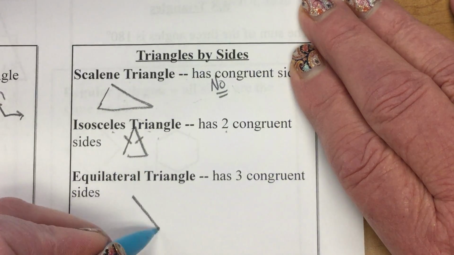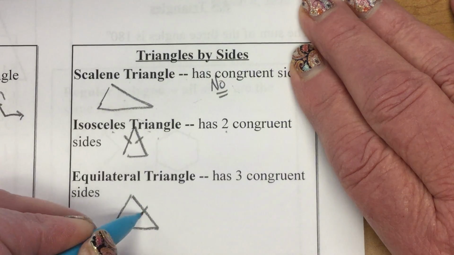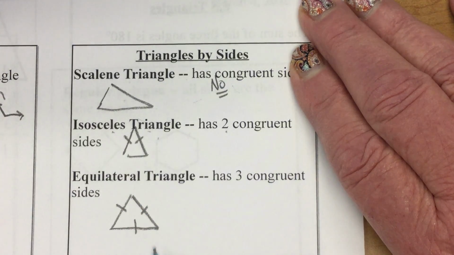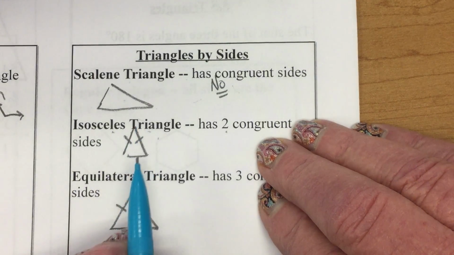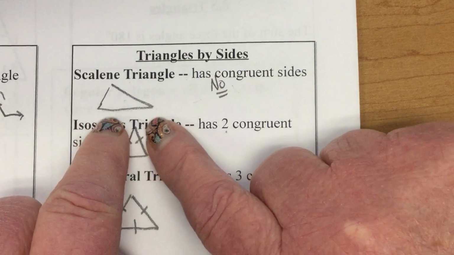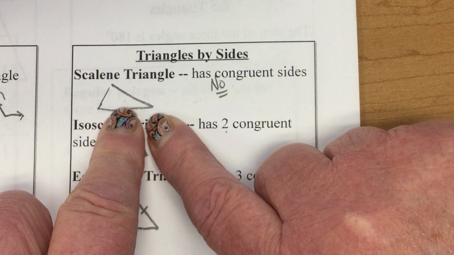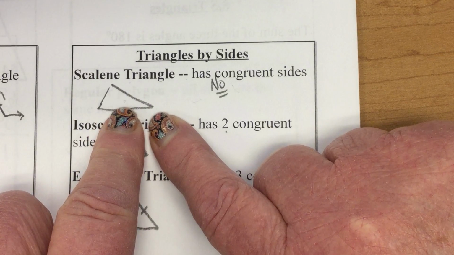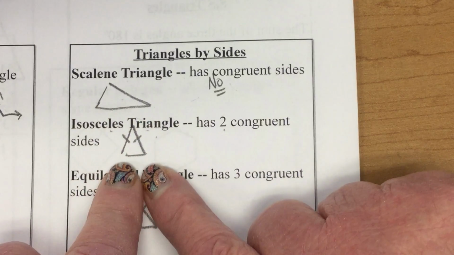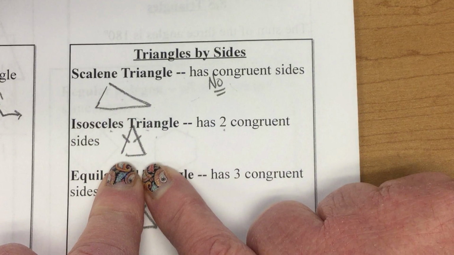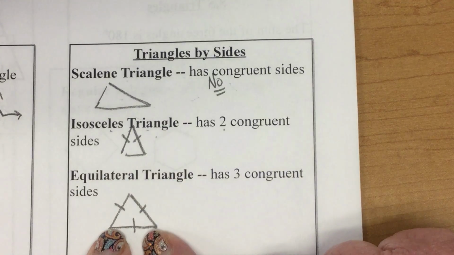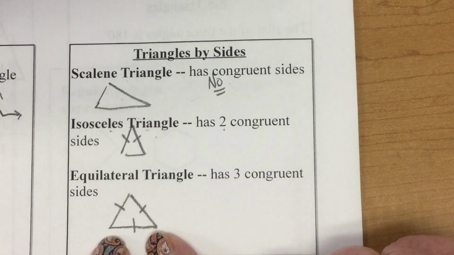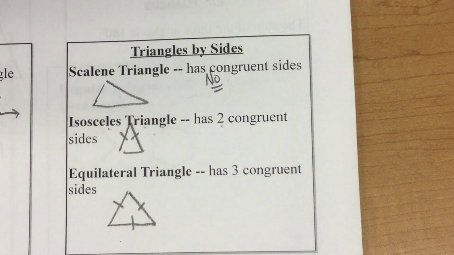An equilateral triangle has three congruent sides. Again, 3 tick marks. Now, the nice thing about this is, if there are no sides the same, it will also have no angles the same. If there are 2 congruent sides, you will have 2 congruent angles. 3 congruent sides, 3 congruent angles.